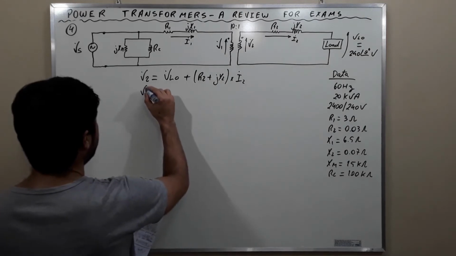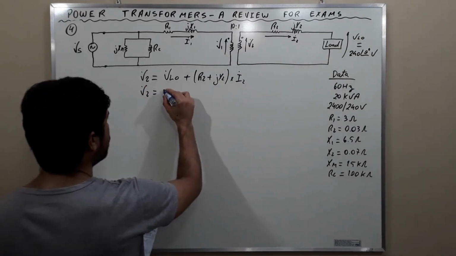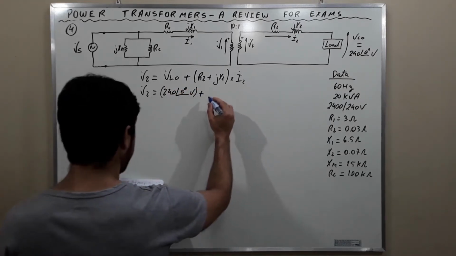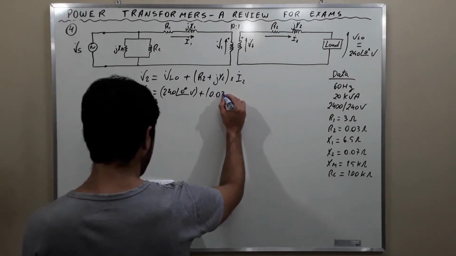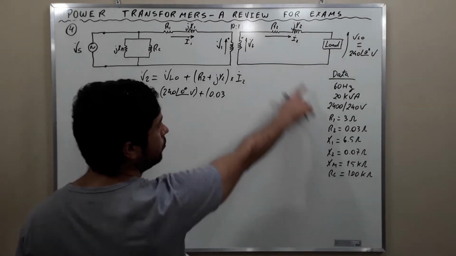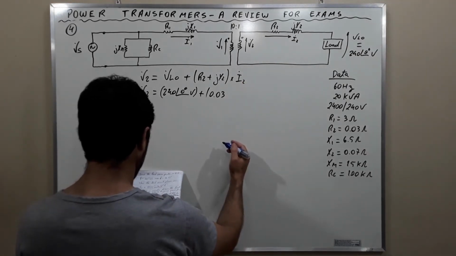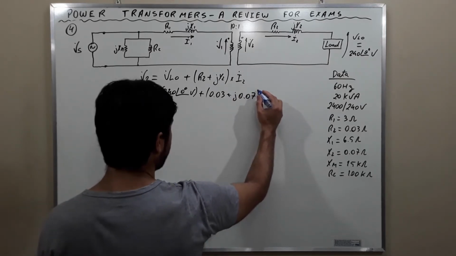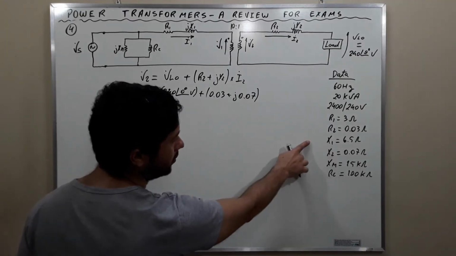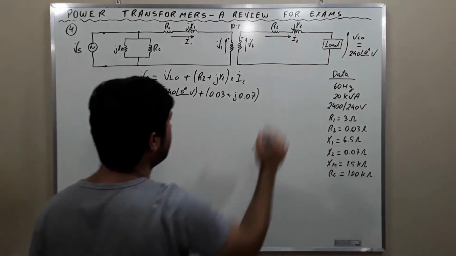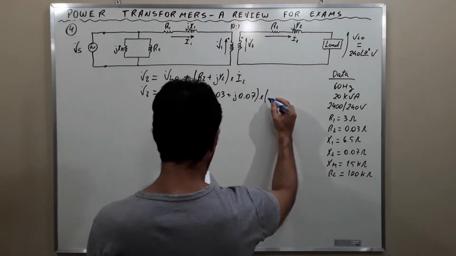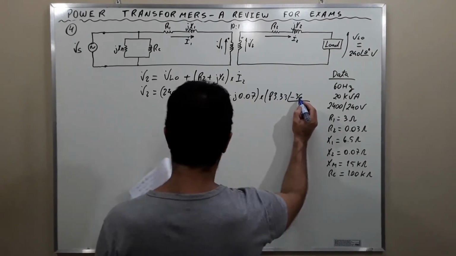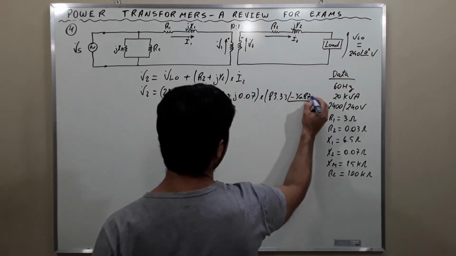V2 is going to then be equal to 240 phase 0 degrees volts plus 0.03 R2 plus j 0.07, here is the reactance, times the current, 83.33 phase negative 36.87 degrees.